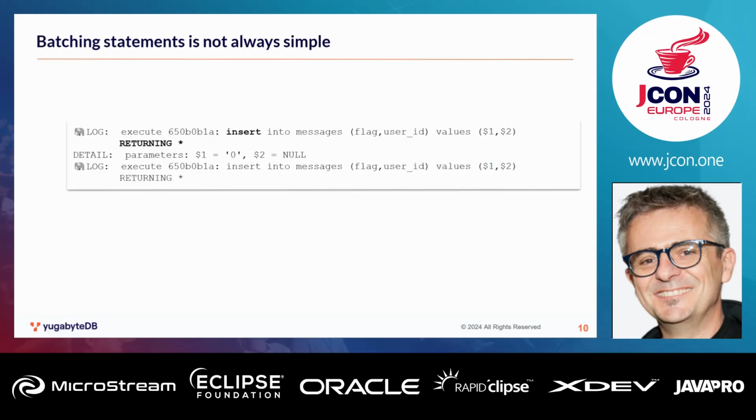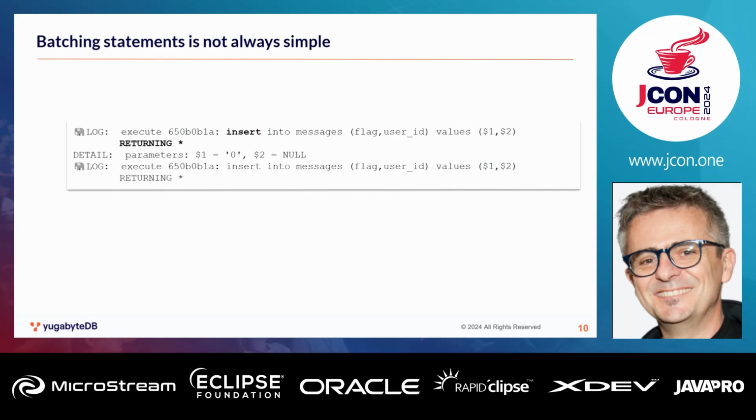So basically what I'm saying is that it's good to look at what happens, but it may not be easy because what happens can happen at different levels, the client driver or the database server. And also, batching is not always as easy as it seems.